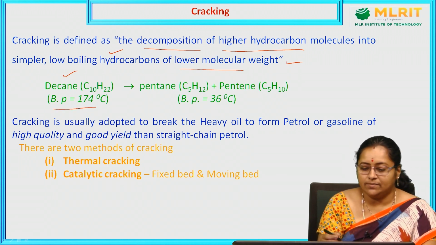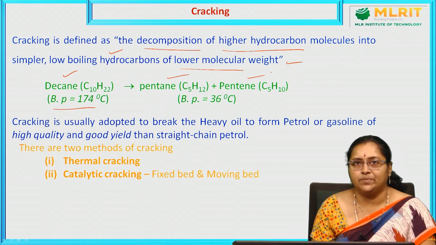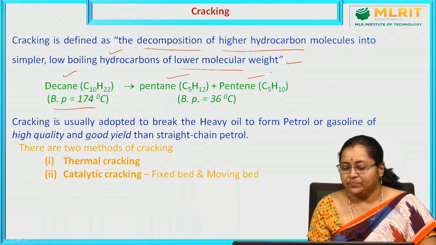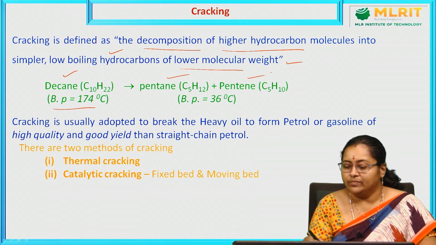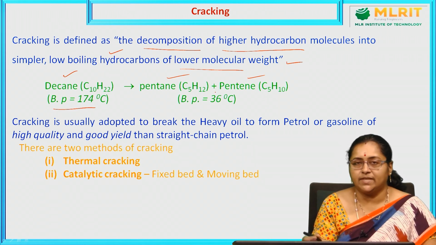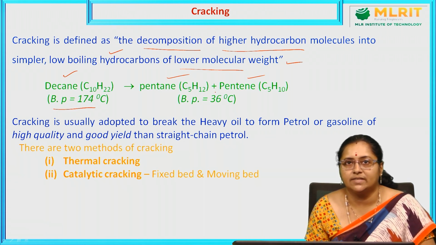If it is subjected to decomposition, then we can expect two different products, one is pentane, the other is pentene. They differ in their number of bonds, that is sigma bond and pi bond, and in molecular formula, but they possess the same boiling point, 36 degrees centigrade.